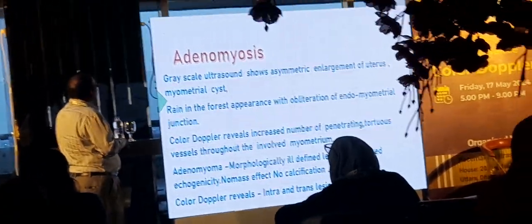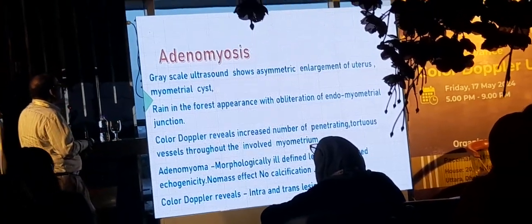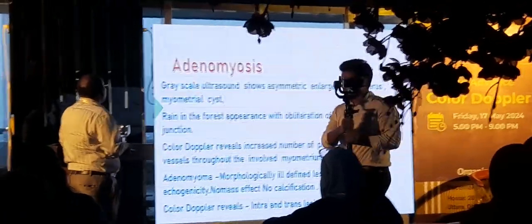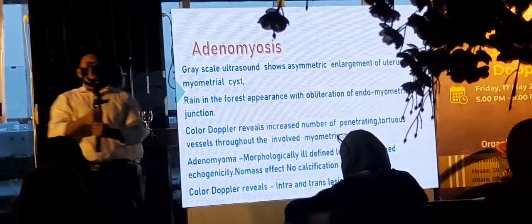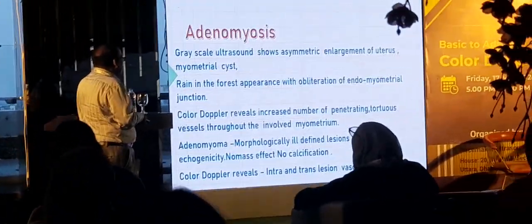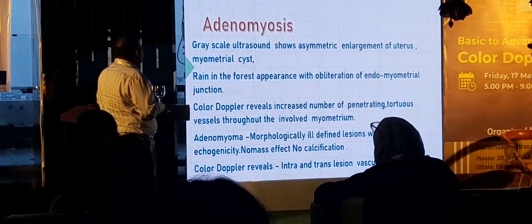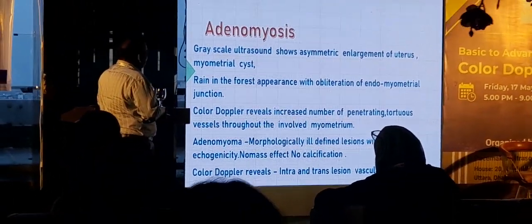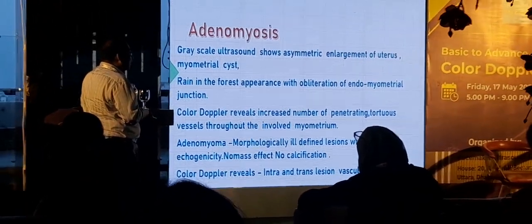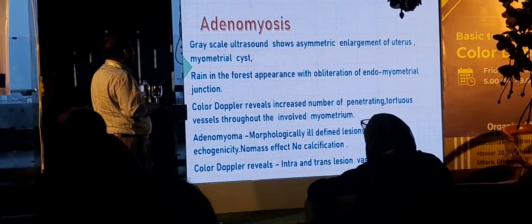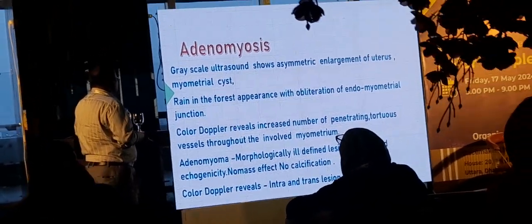Now, adenomyosis. Grayscale ultrasound shows asymmetric enlargement of the uterus. All of you know, myometrial cyst, rain in the forest appearance with obstruction of the endomyometrial junction. Color Doppler reveals an increased number of penetrating tortuous vessels throughout the involved myometrium.